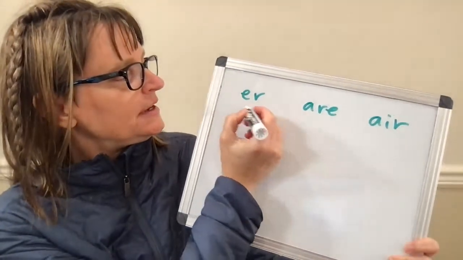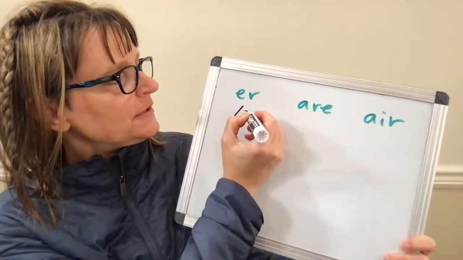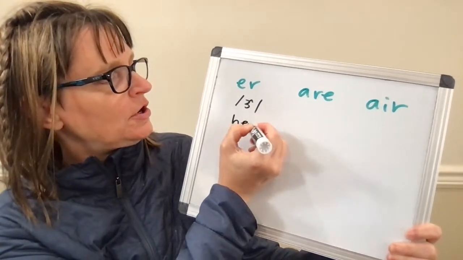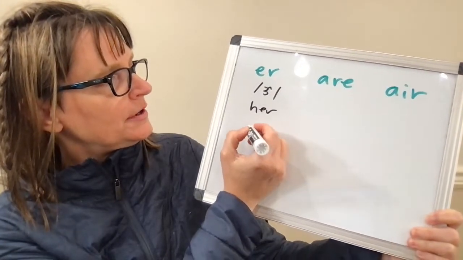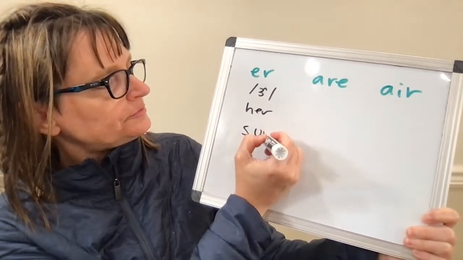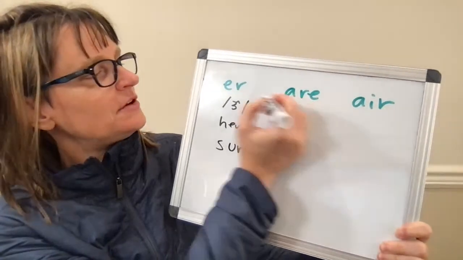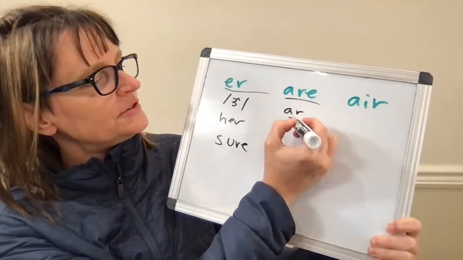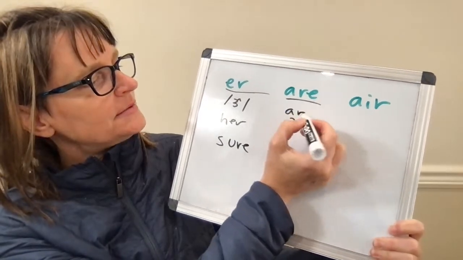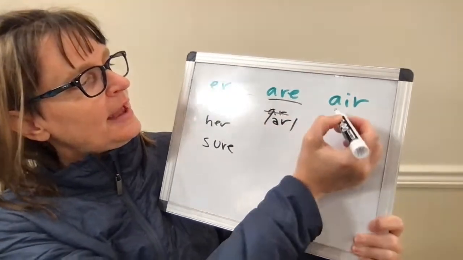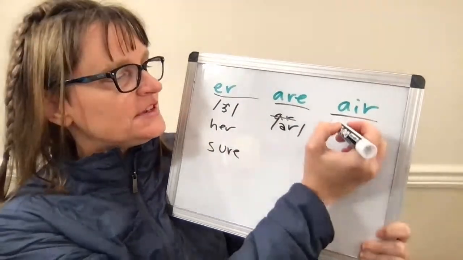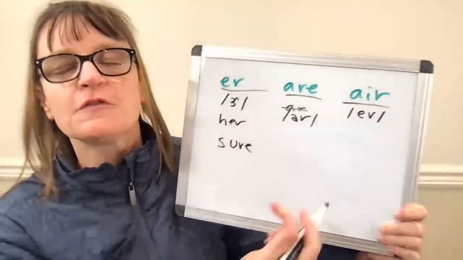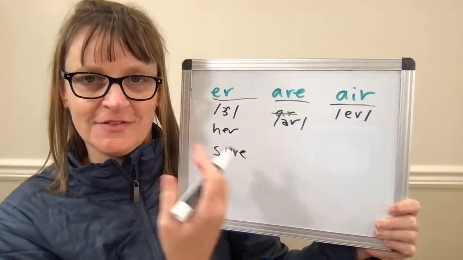So you'll see this written like that, as in the word her or sure, and you'll see this R written like that or like that. Let's use this one. And then air, we start with a tense A sound and we glide to that R sound. So you'll see different ways of these being written in the dictionary.